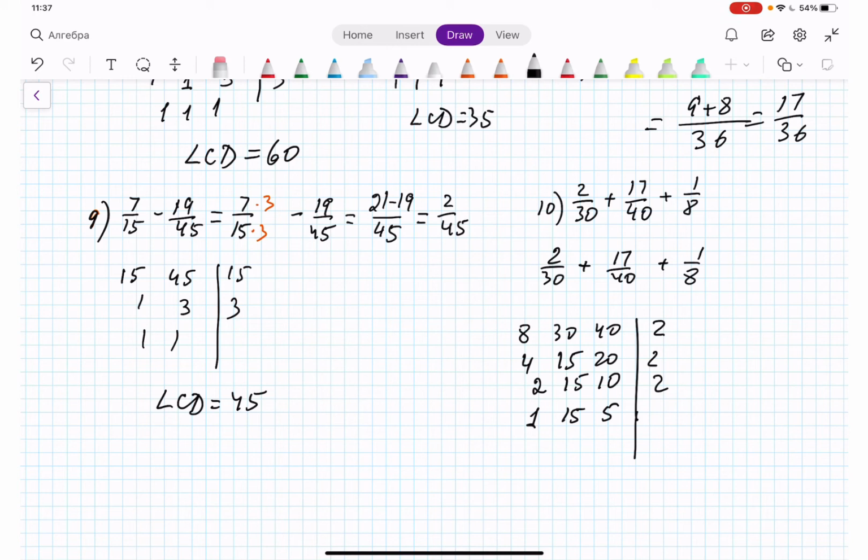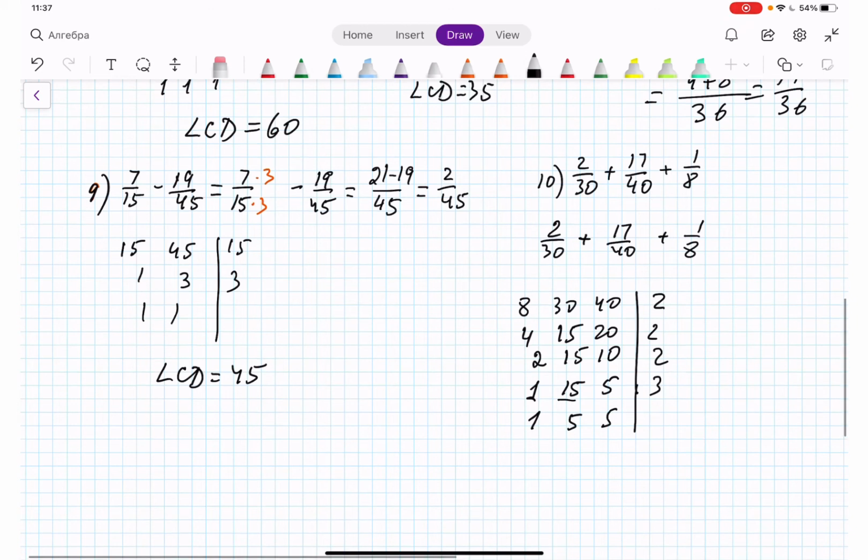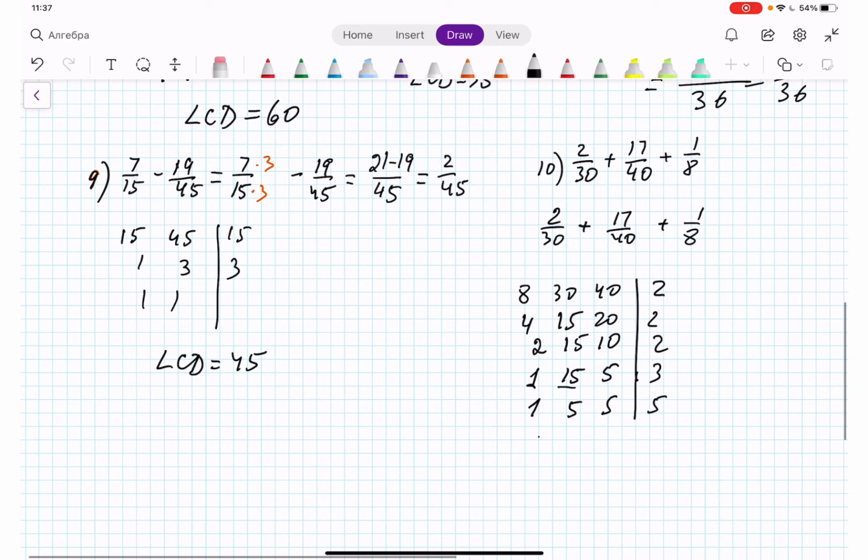So we are done with 1, moving with 15 now. 15 by 3, 5, and 5 stays there. And 5 divided by 5. And this way we got all ones.